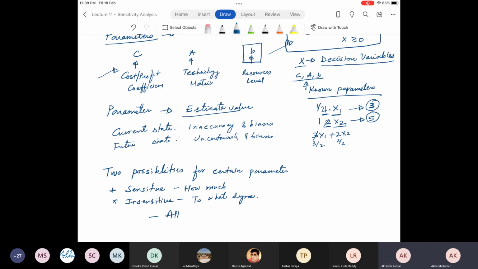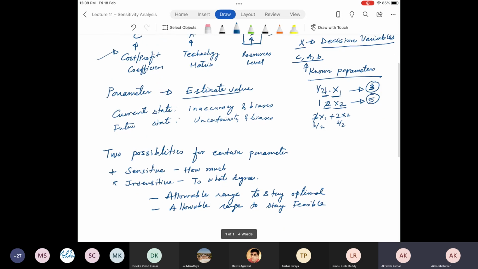Either you find the allowable range to stay optimal, or you try to find the allowable range to stay feasible.